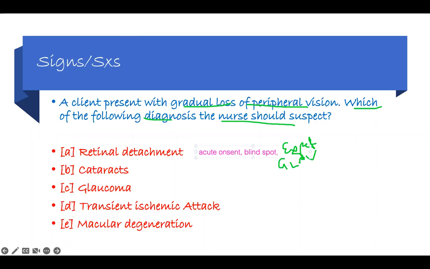Or they see like a curtain, like something is coming down on their eyes. So those are the keywords: acute onset, blind spot, curtain-like, or floaters. They see something floating in the eye. The question said what? Gradual loss of vision. Therefore, that one is gone.